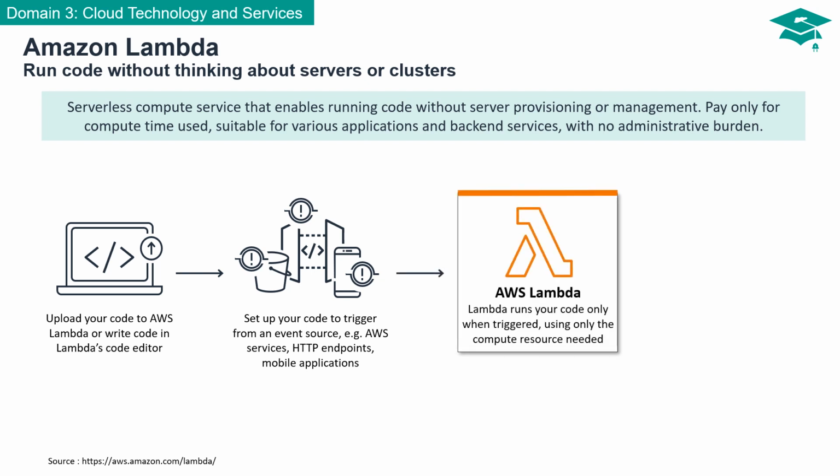AWS Lambda executes your code in a highly efficient manner, running it only when triggered and utilizing just the required compute resources. The cost is associated with the exact amount of compute time your code consumes, ensuring you pay only for what you use. This cost-effective approach makes Lambda a compelling choice for various applications and services, allowing you to focus on your code while AWS handles the infrastructure details.